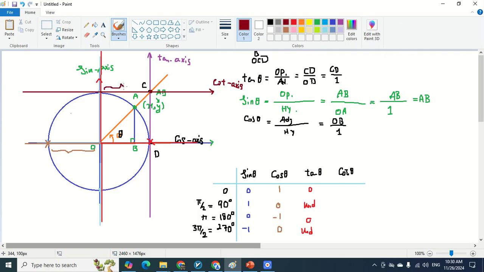So this point determines the cotangent of theta, which means you can calculate the cotangent of theta by using this line as well.